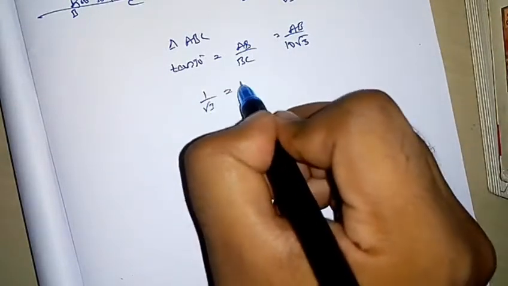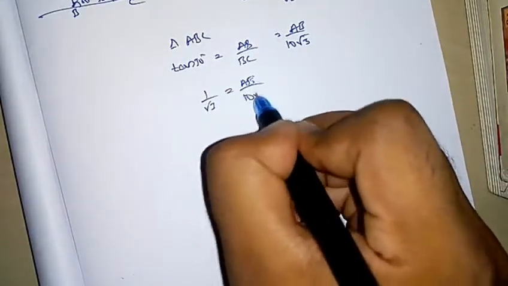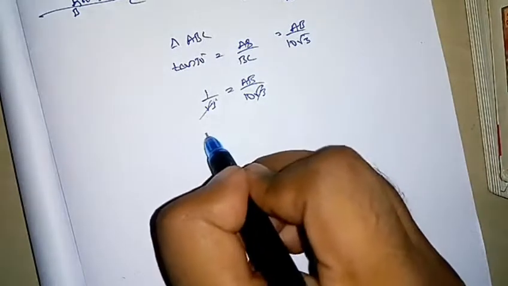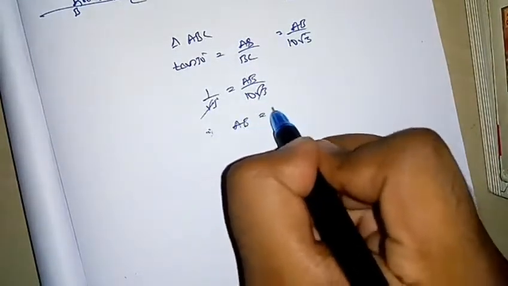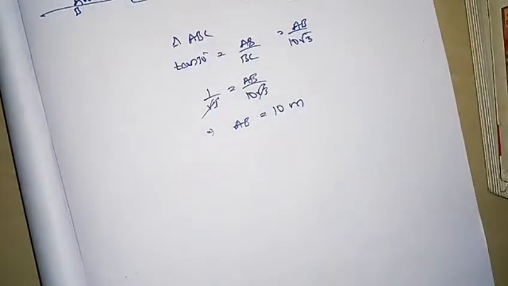Now in triangle ABC, tan 30 is equal to height of the building AB by BC. This is equal to AB by 10 root 3. 1 by root 3 is equal to AB by 10 root 3. The root 3s can be cancelled. So AB is equal to 10 meters. Therefore the height of the building is 10 meters.